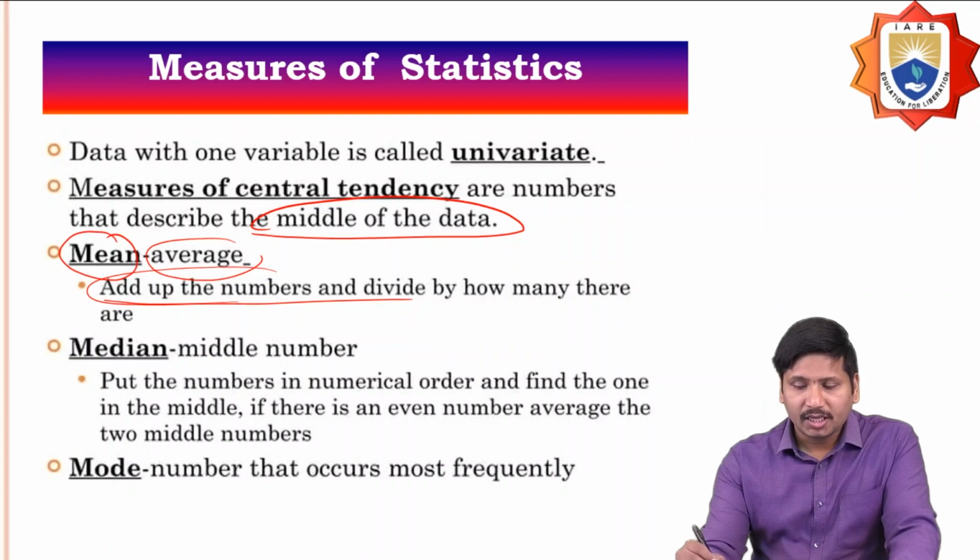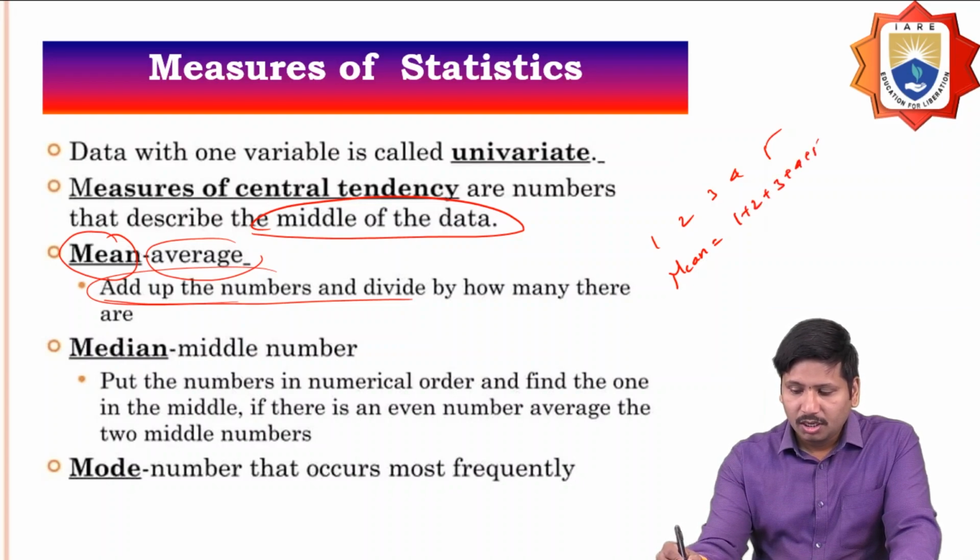These are the three types of measures. Let me explain with an example. Suppose I have the numbers 1, 2, 3, 4, 5. How is the mean calculated? The sum of all those numbers divided by the count of numbers is the mean.